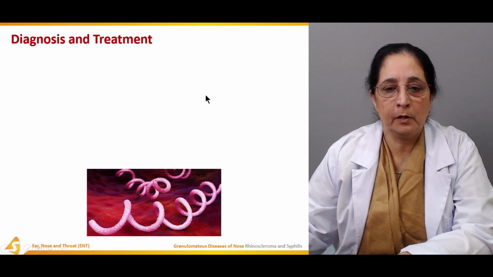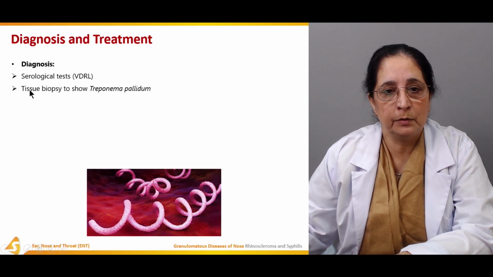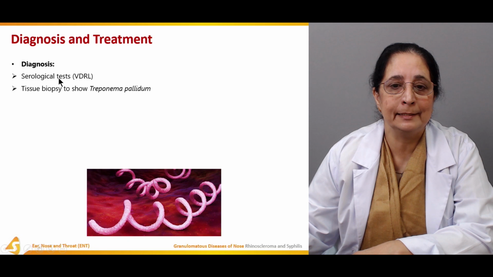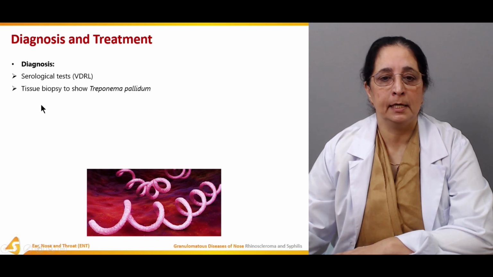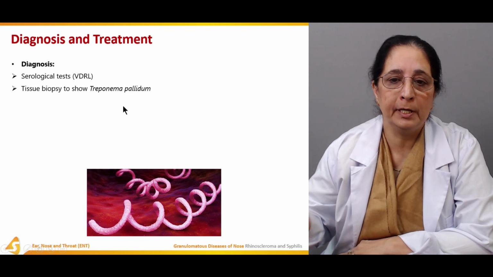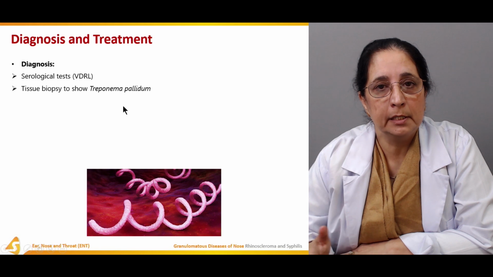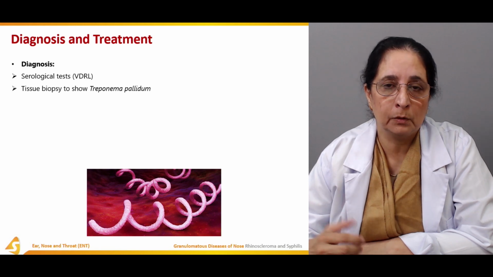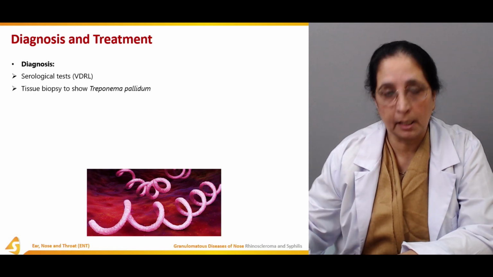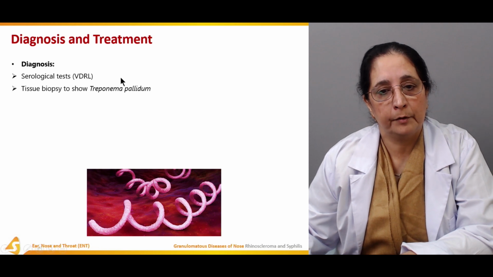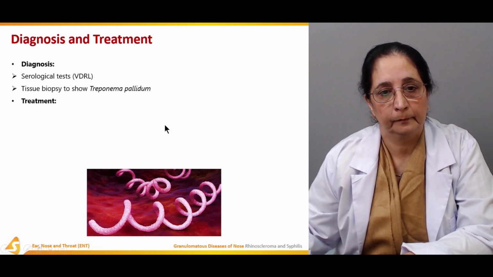Diagnosis and treatment of syphilis: diagnosis is by serological test VDRL, which is Venereal Disease Research Laboratory testing. Tissue biopsy: Treponema pallidum is the causative agent of syphilis, so biopsy is done to look for Treponema pallidum.